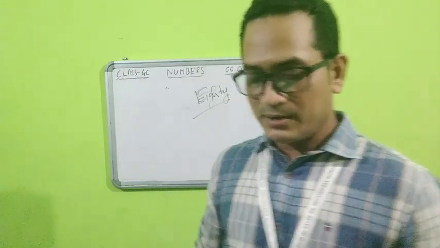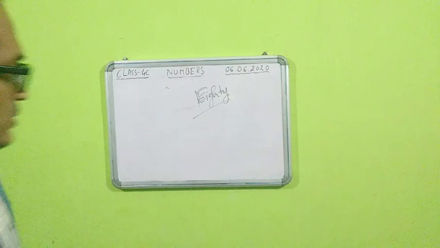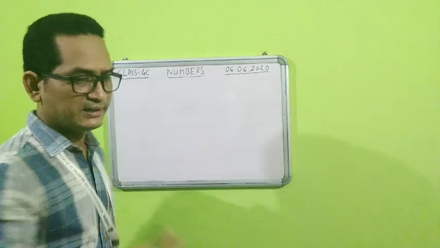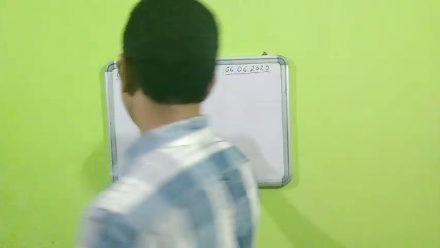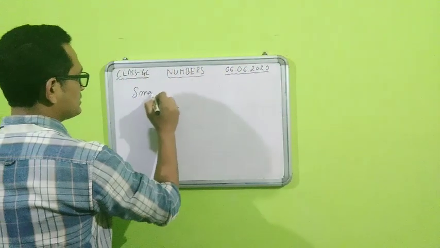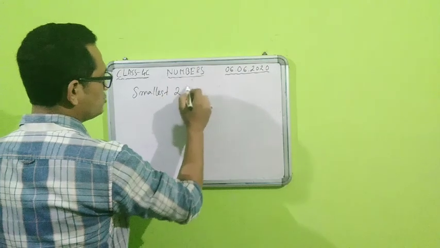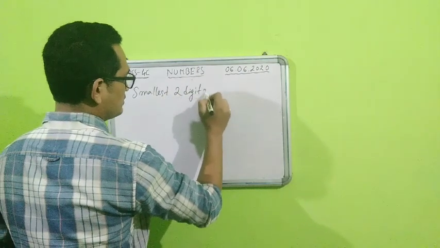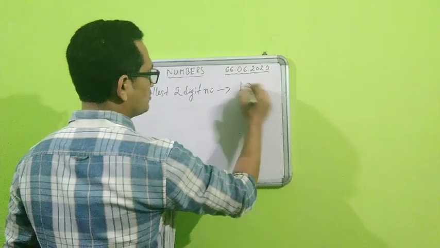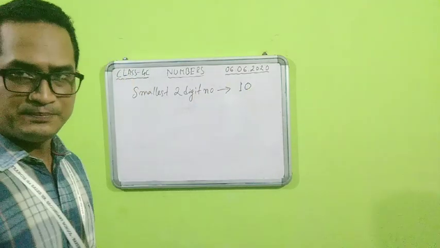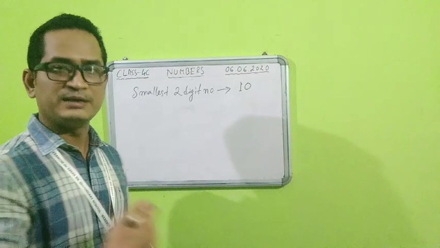Fine. Now we will recall a little bit about the greatest and smallest numbers that we learned. The smallest 2-digit number, students, is what? 10, because below this, if I count, it will become 1 digit.